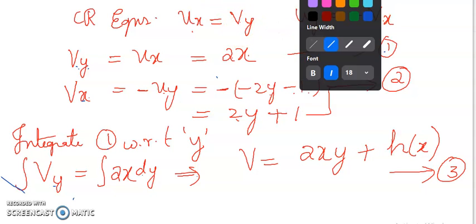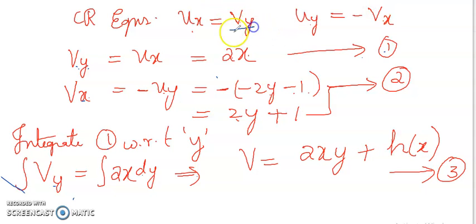So you can consider like this. We are taking vy and vx. We know vy is ux and vx is minus uy.